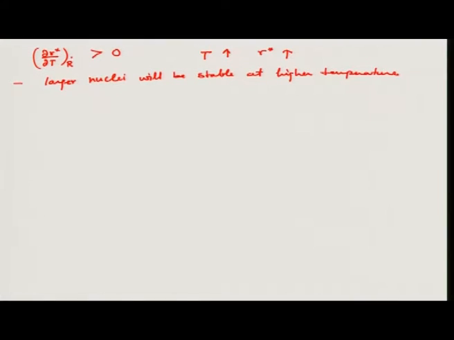Okay. Now, the second inequality was d delta G star over dT at constant rate greater than 0. Okay. Which means the energy barrier for nucleation is high, right. So, if the temperature increases, delta G star will increase. Okay. If the energy barrier is increased, it means fewer stable nuclei.